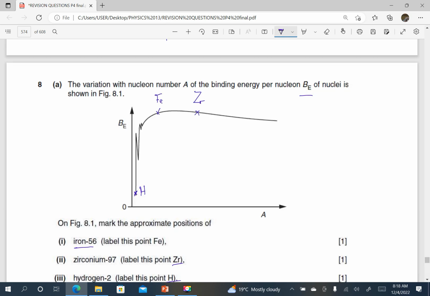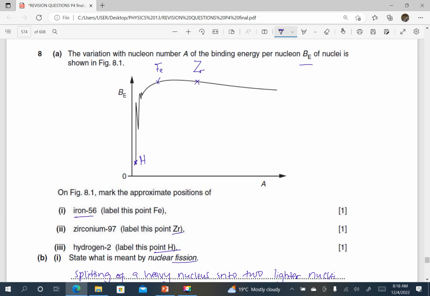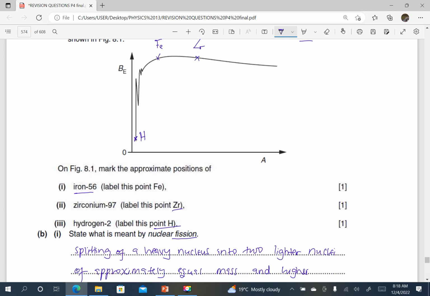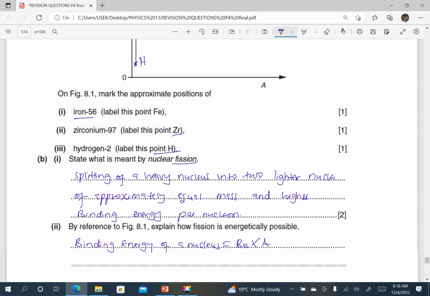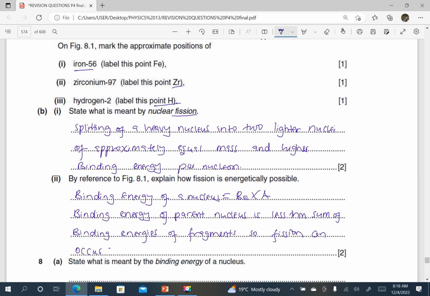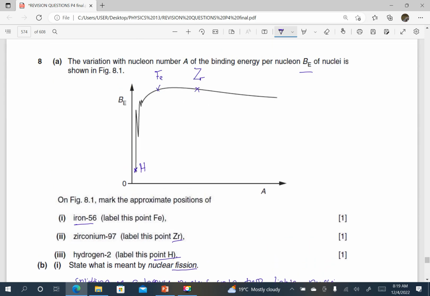So let us assume that Zr breaks down to give us iron and H. So the binding energy of Zr must be less than the total binding energy of iron and H for fission to occur. If it is not less, then fission cannot occur. Remember, it is the nuclei on the right-hand side of the peak which undergo fission.